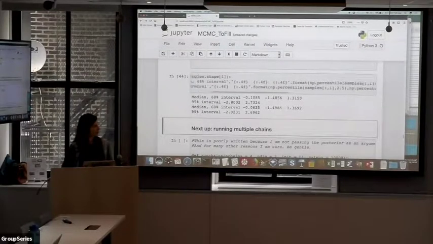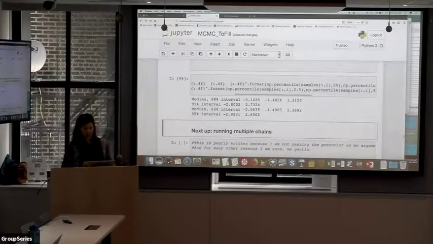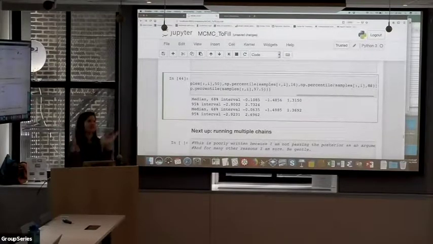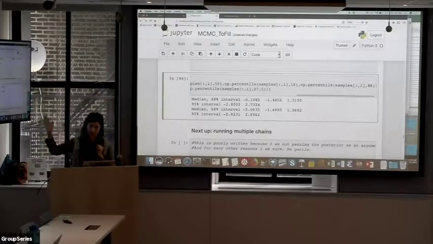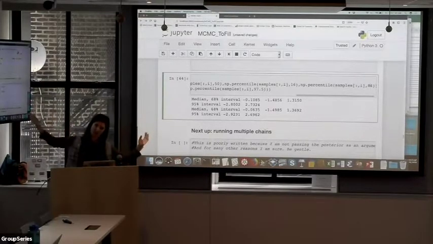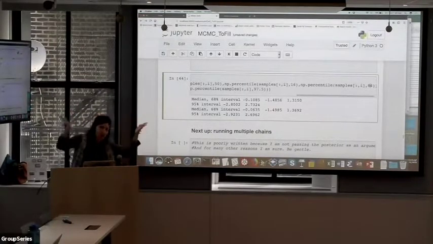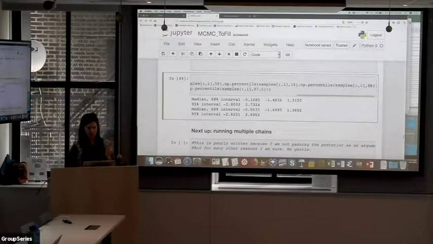All I'm doing is looking at the 50th percentile for the median, and then the 16th and 84th percentile to define my 68% credible interval. As I mentioned, I like to do it coming in from 0 to 16, and coming out from 100 to 84, so that you're not anchored to a central value, which you don't know if you can do. And for 95%, you do the same thing with 2.5 and 97.5.